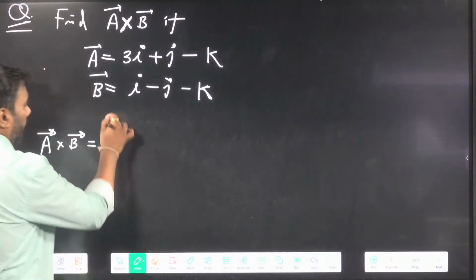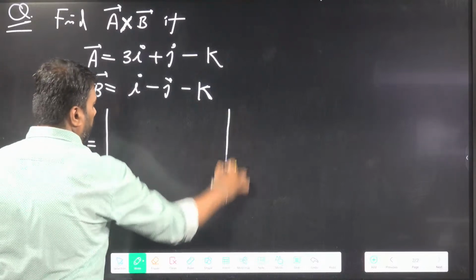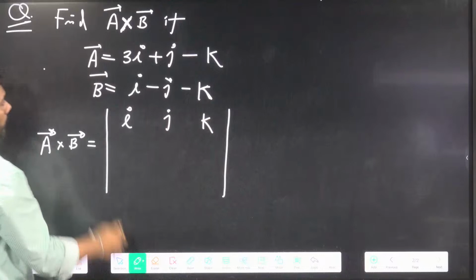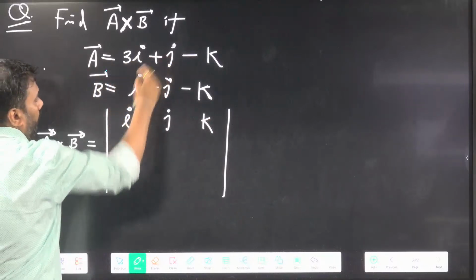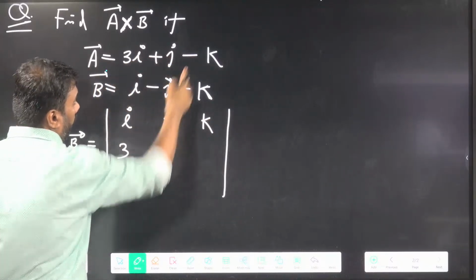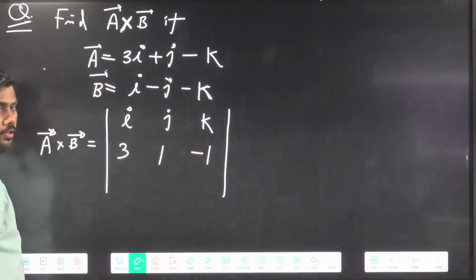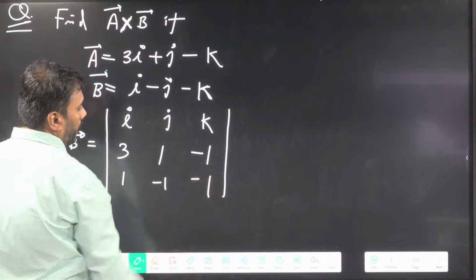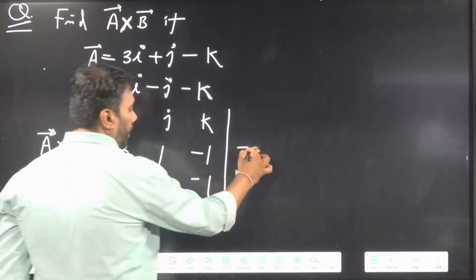Okay, so I will also start here. A cross B will be the determinant of i, j, k, then the components of the first vector, which are 3, 1, minus 1, then the components of the second vector, which are 1, minus 1, minus 1. Now I will open up the determinant.